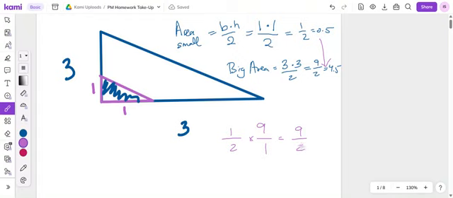The bottom doesn't change. So what we're seeing here is that this triangle is actually 9 times bigger. One, two, three, four, five, six, 7, 8, 9.